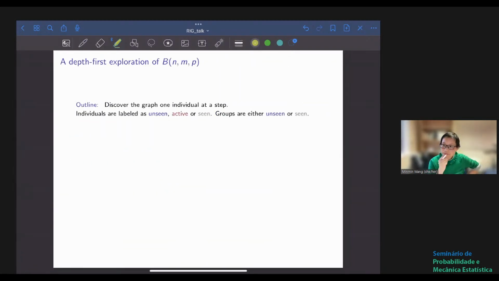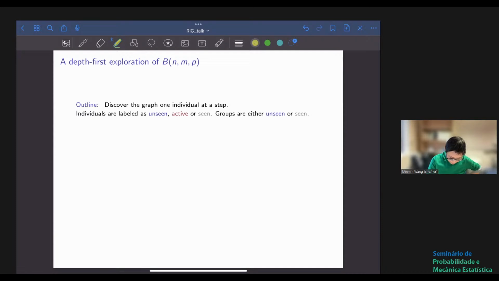As I said before, to get to the scaling limit, we use a sorted graph exploration. It's a depth-first graph exploration. We do it first on the bipartite graph, which then induces an exploration on the random intersection graph. If you're familiar with the technique on the Erdős–Rényi random graph, this will appear a very natural extension.